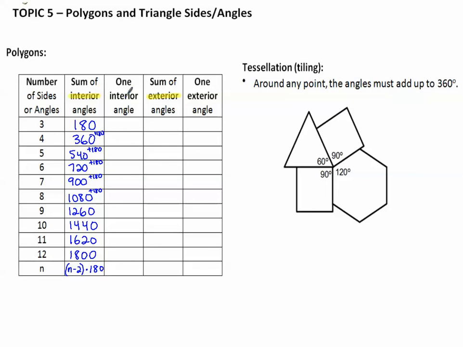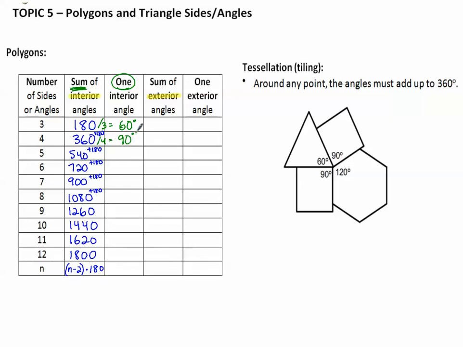Then, if we want to know just one interior angle, we need to divide the sum by how many angles there are. So 180 divided by 3 makes 60. One angle is 60 degrees. 360 divided by 4 is 90.